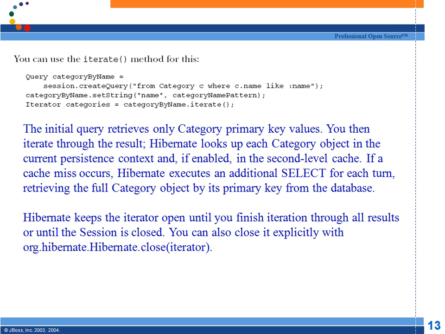And if I say lazy equals no proxy, is it not the same as lazy equals false? It will bring all the data. If I say lazy equals true, it will not load, it will get the proxies.